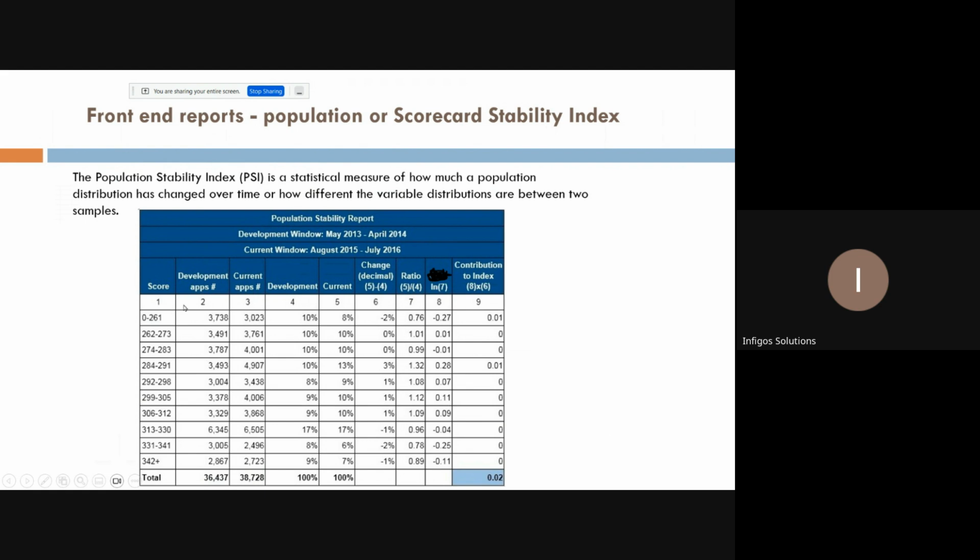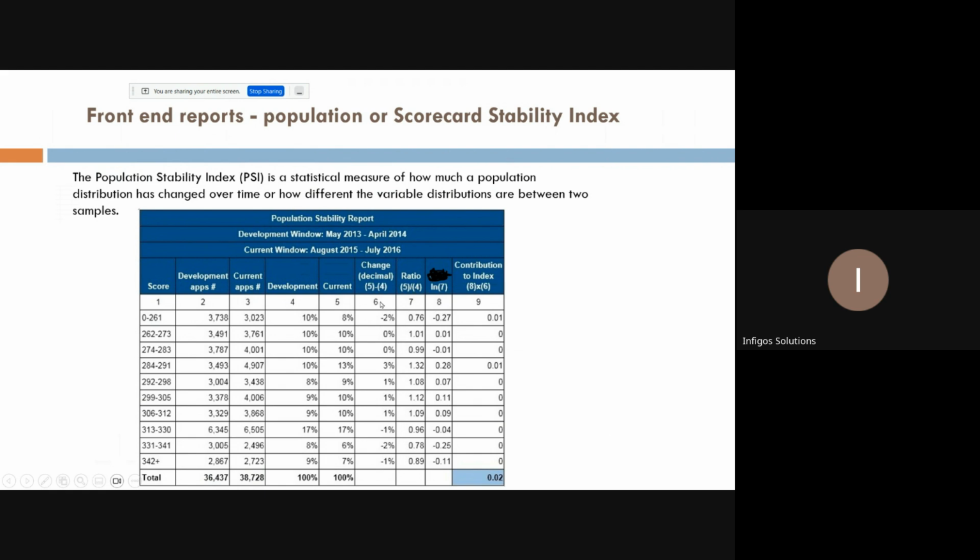So we have put the numbers 1, 2, 3, 4, 5, 6. Then we subtract 4 from 5, and then we divide 5 by 4, and then we multiply 6 and 7. We multiply, sorry, 8 and 6.